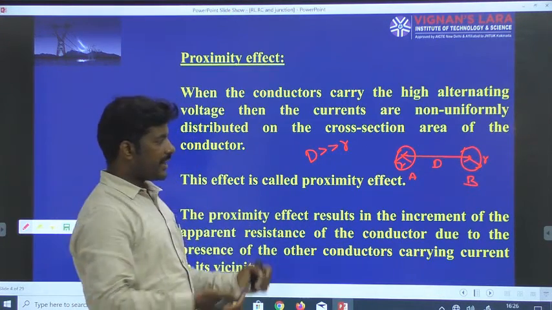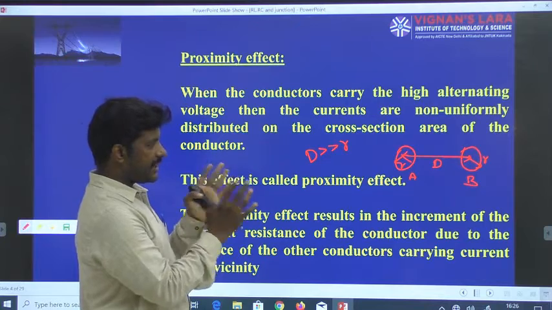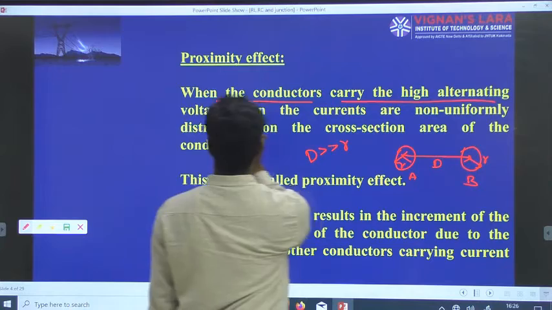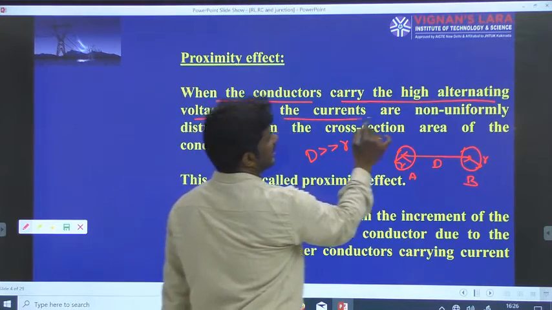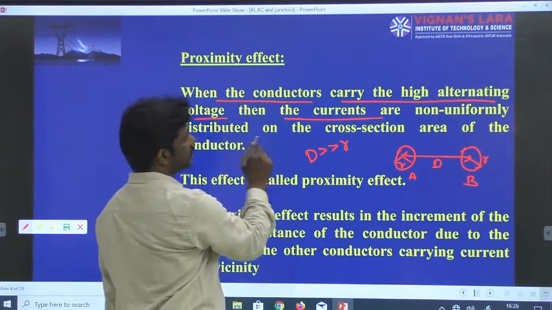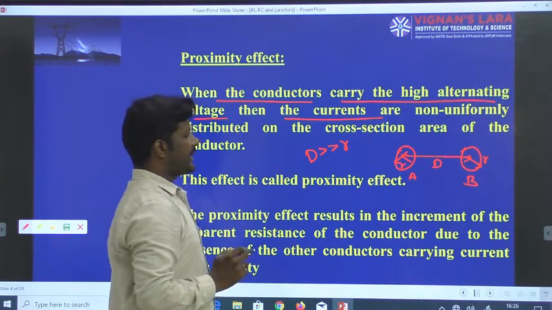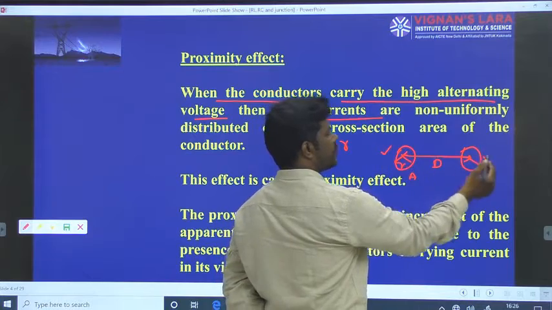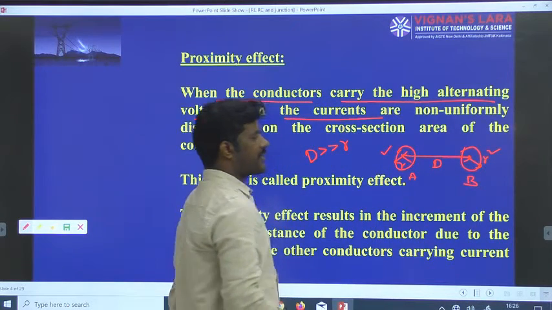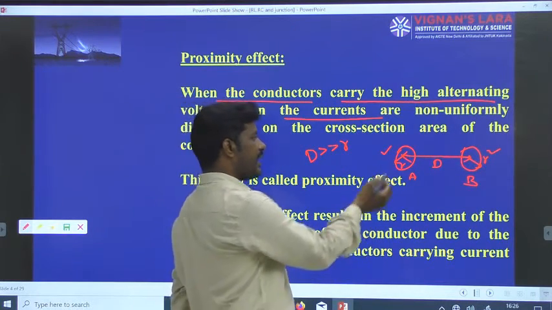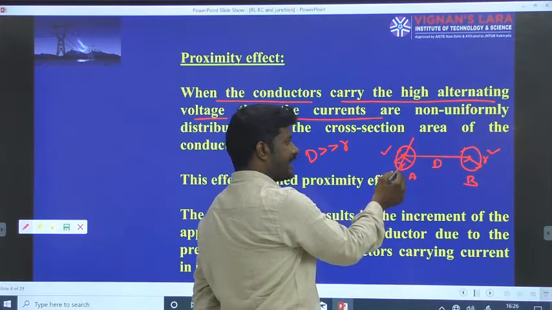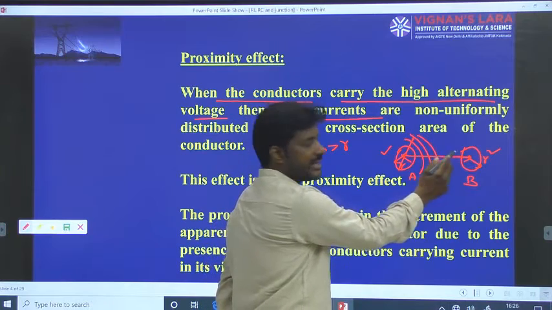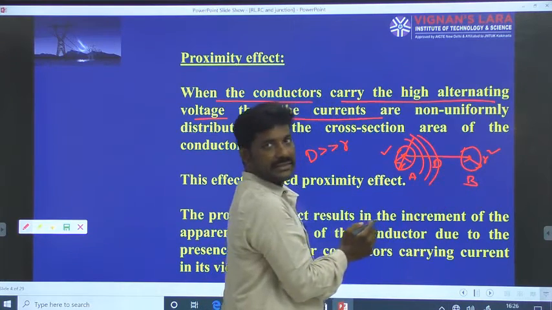Whenever those 2 conductors are running side by side and carry high alternating voltage, the currents are non-uniformly distributed on the cross-sectional area of the conductor. If conductor A is carrying a current, the flux produced by A is going to link with the B conductor.